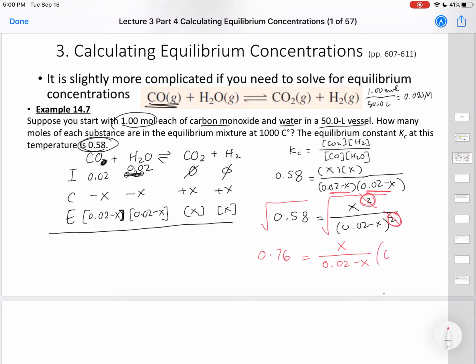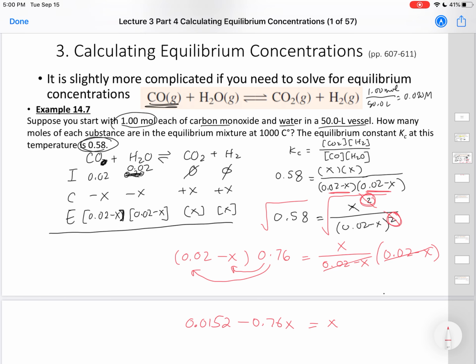To simplify this, I need to multiply both sides by 0.02 minus x, so that cancels out the denominator. We're going to get x equals, and on this side we have to distribute the 0.76 into the parentheses. So 0.76 times 0.02 is 0.0152 minus 0.76x.